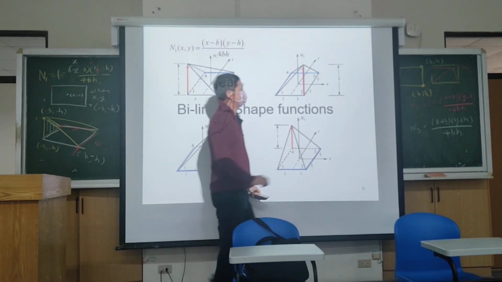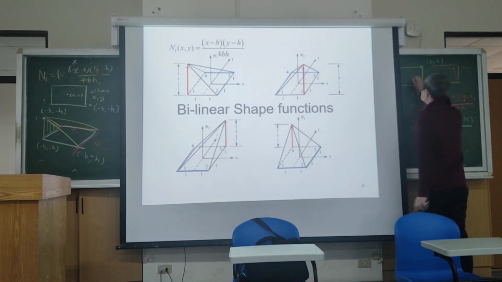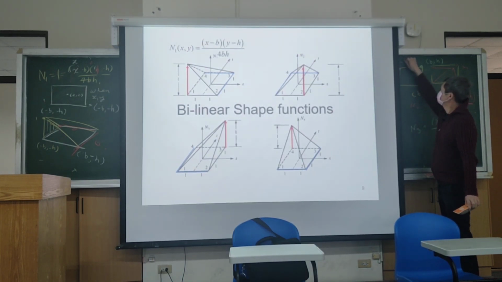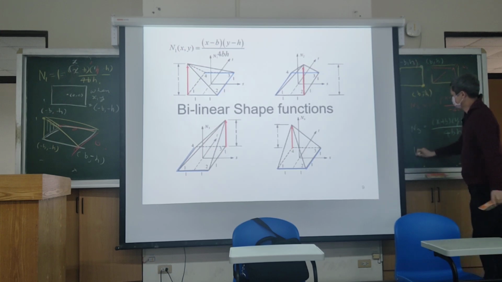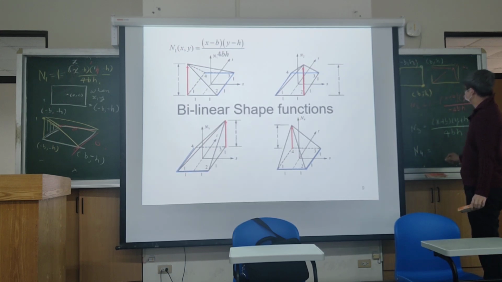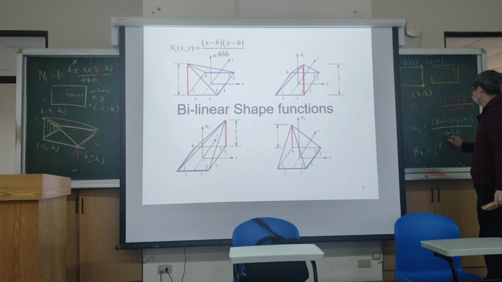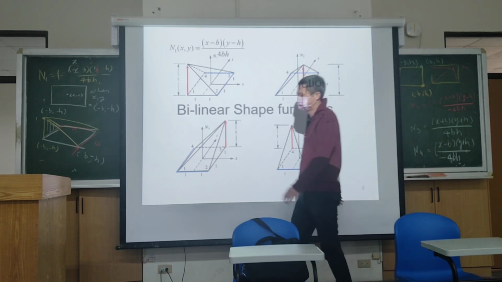The last one is your minus b and positive h. Your N4 is then your x minus b, y plus h, divided by minus 4bh. Okay? So that's the same idea.